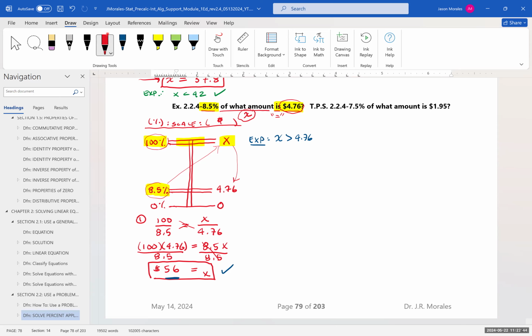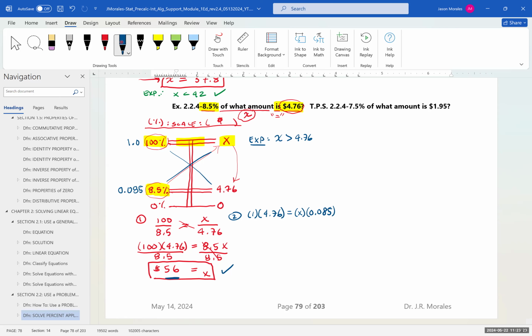Okay, now the second way to look at solving this would be to go ahead and right off the bat convert these to fractional decimals. So if we convert this percentage to a fractional decimal, we're going to get 0.085. And then just cross multiply this way right off the bat. So we're going to have 1 times 4.76, and that's going to be equal to x times 0.085.